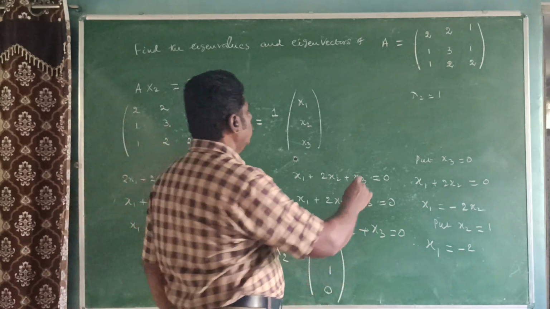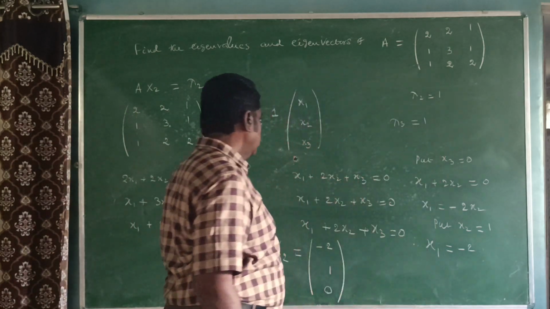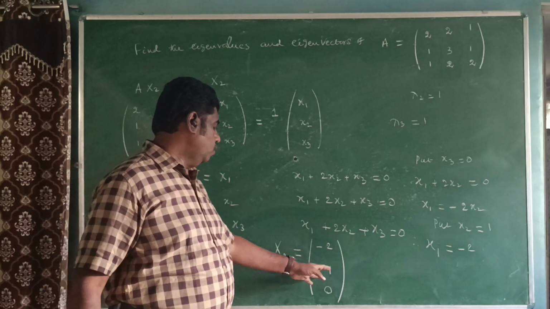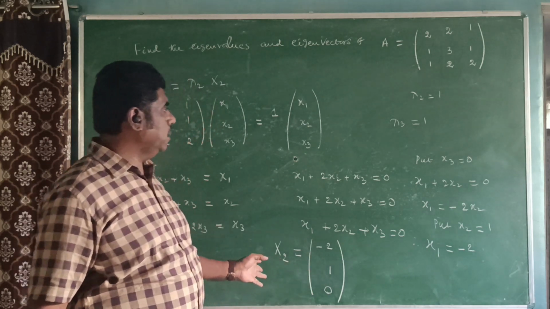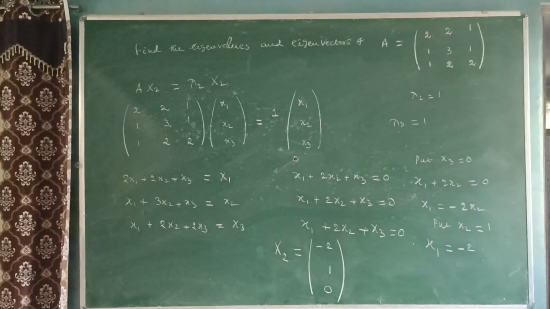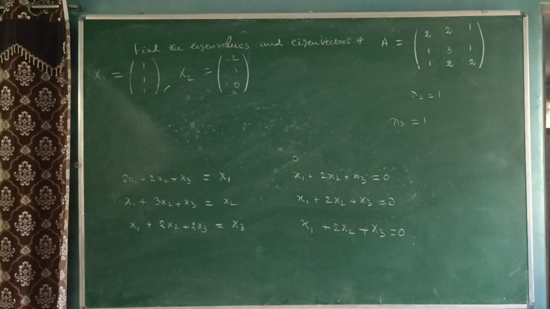The third eigenvalue, lambda 3, is also 1. So the value of x3 is also minus 2, 1, 0. Or we may present the value of x3 in another form.